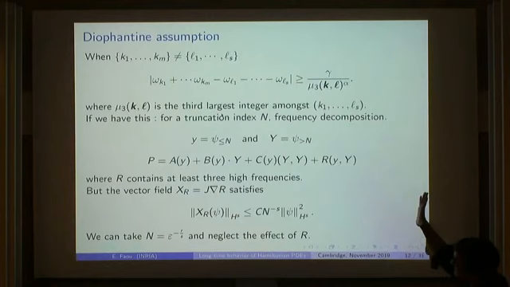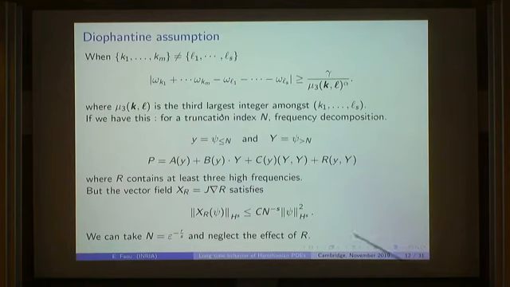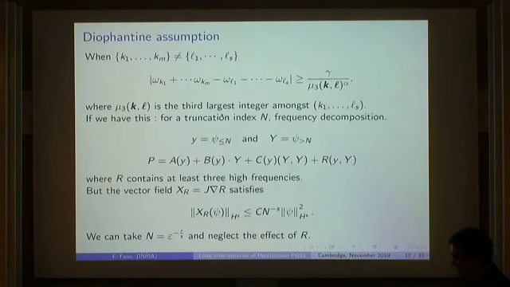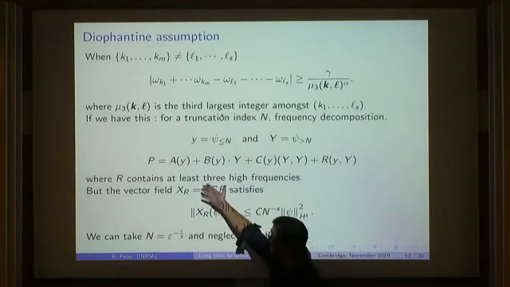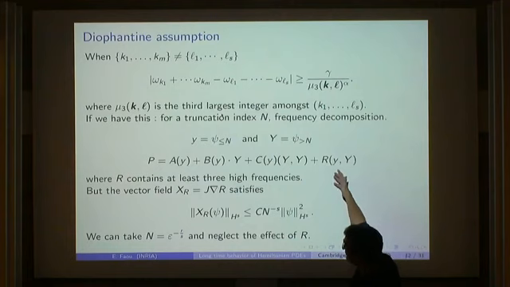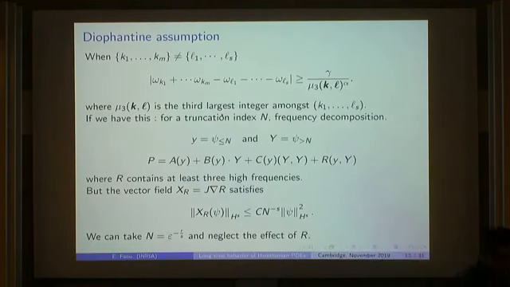So this Diophantine assumption was identified by Bourgain, I think, and Dario in the end of the 90s. I can explain quickly why it works. Imagine that you make a truncation in n. N is a frequency truncation, and you collect in your Hamiltonian system, which is polynomial, the linear, bilinear, and at least cubic terms in the high frequencies. And in fact, you can neglect the cubic term, because for high modes, if you are nonlinear, you are very small.